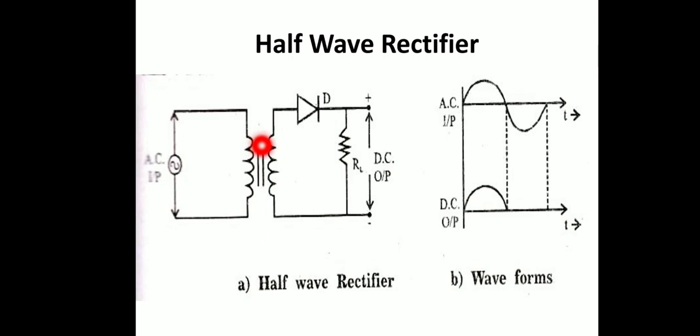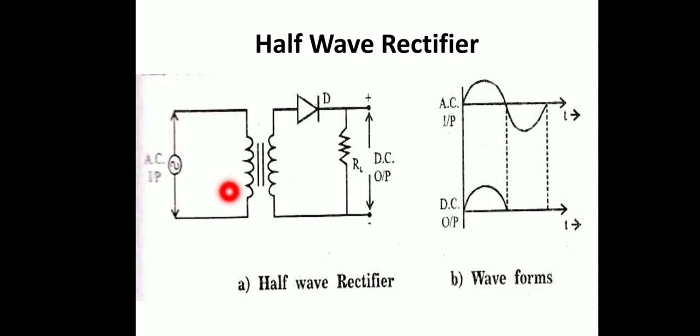For voltage purpose, the step down transformer, which is at your input side, here is 230 volt 50 hertz single phase AC supply, you can say. Why is this transformer used in this circuit? Because a transformer either increases the voltage or decreases it.